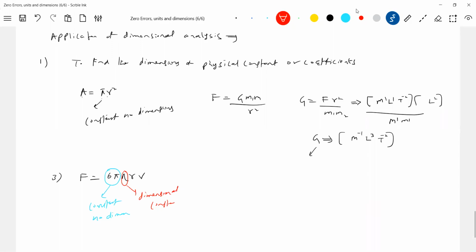How to get that eta? We'll write it in dimensions as force by R V. What is the force? M1 L1 T minus 2. R is L1. V is L1 T minus 1.